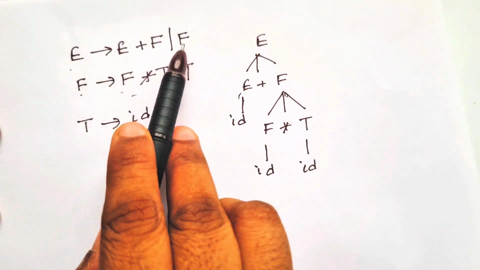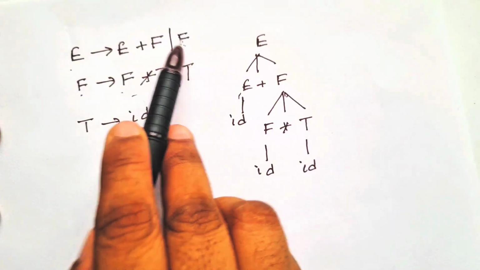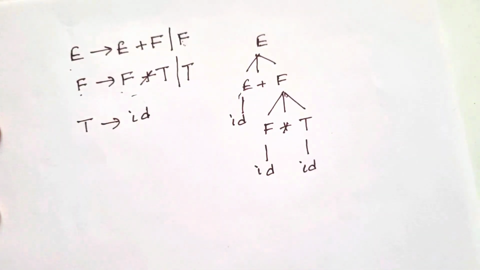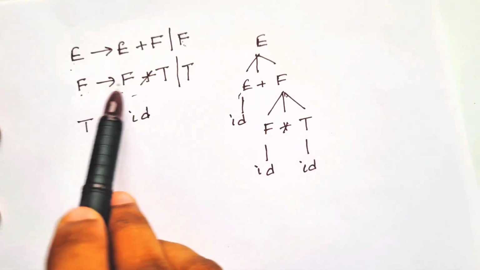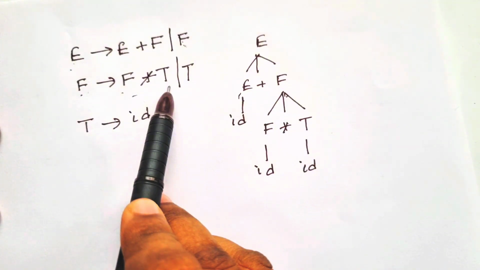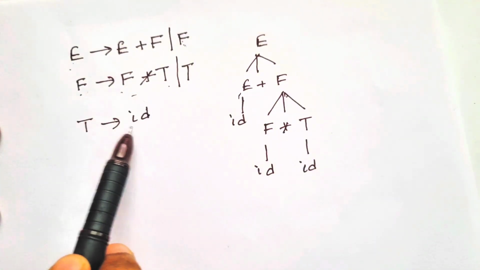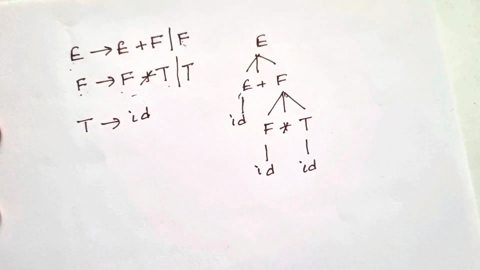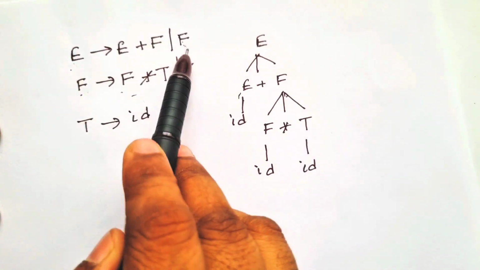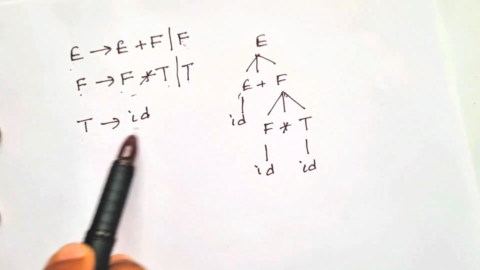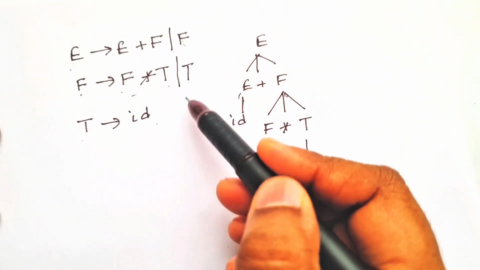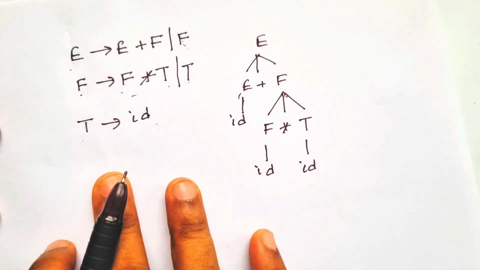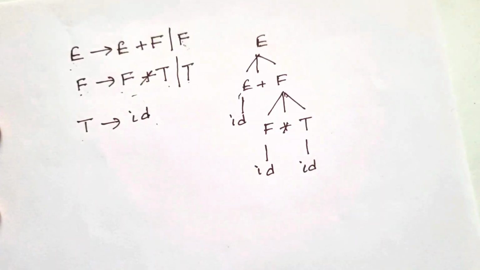By bypassing like this, if you want to generate strings with star, you can go from E to F directly, and from F use F star T. Understood? If you want to directly generate only the string ID, you can go from E to F, F to T, and T to ID. That's why we have taken F or T. This is the unambiguous grammar for the given grammar.